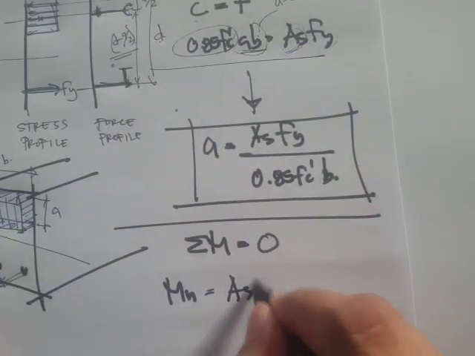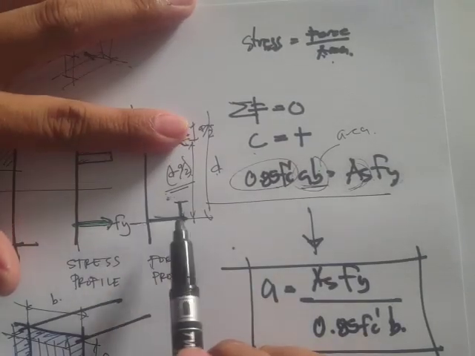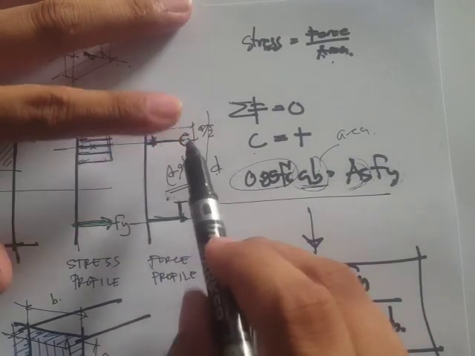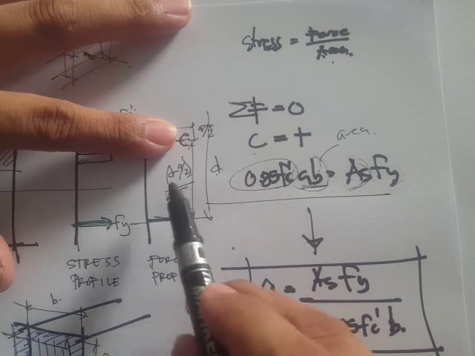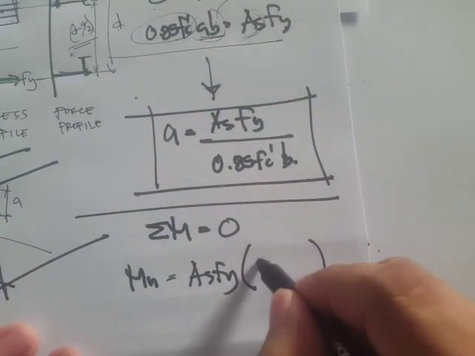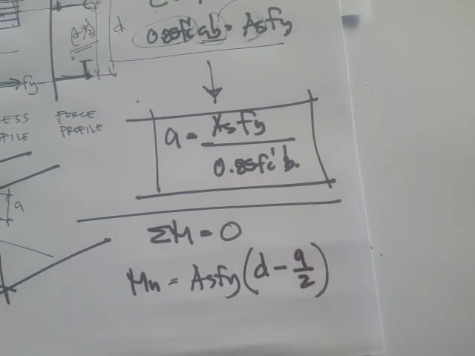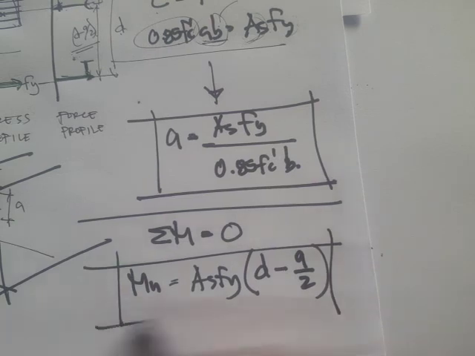Okay, so AsFy times the moment arm. Now, what's the moment arm from tension force to compression force? That's D minus A over 2. So now we can write it here, D minus A over 2. Right, so this is now our equations for the analysis of beams.